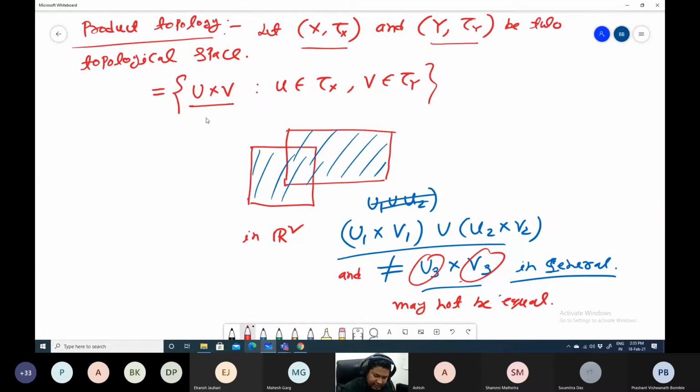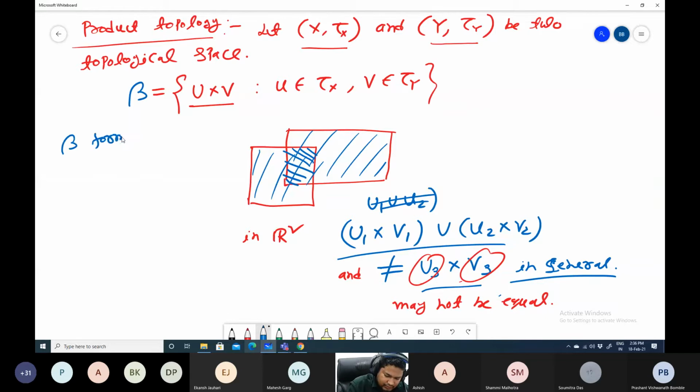But again, can this collection form a basis? Is this a basis? Yes. Why? Because if you take their intersection, then their intersection is this one, which can be written as their intersection. So now we call this beta.